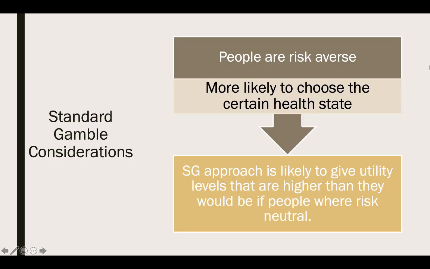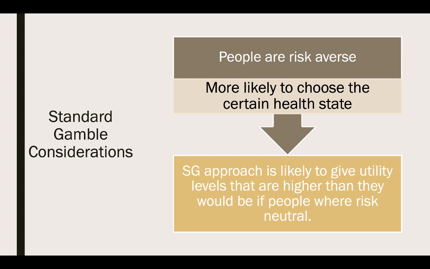Even given that the alternative 1 coin flip healthy state is better than the guaranteed health state, a lot of people, most of us, are risk averse, and we are more likely to choose a certain health state just because we don't want to gamble.